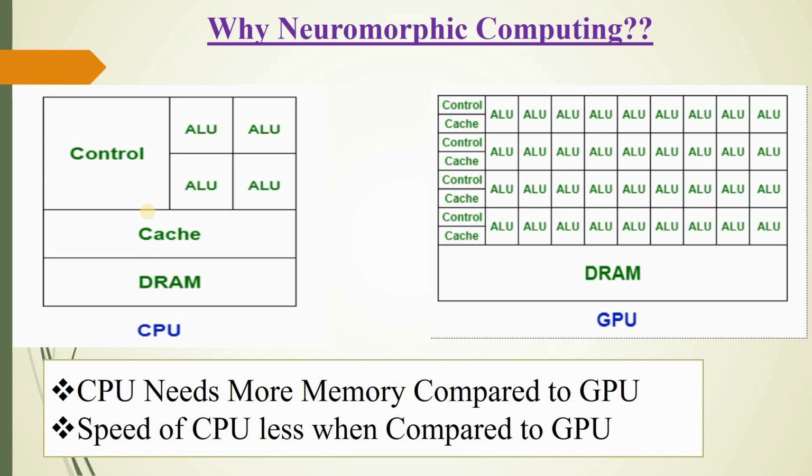That means every time the CPU fetches the data from the memory, processes it, and again stores it into the memory. This is a time-taking process. It creates delay, and it dissipates energy, which is not preferable. So that's why we are using the neuromorphic computing concept here.